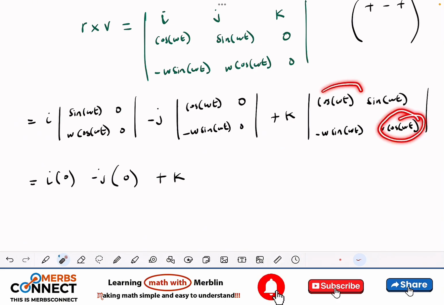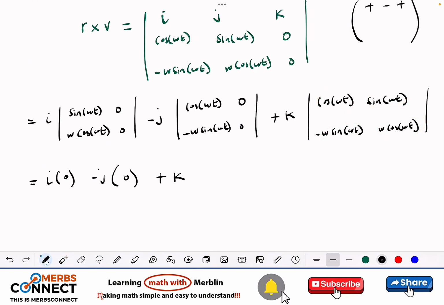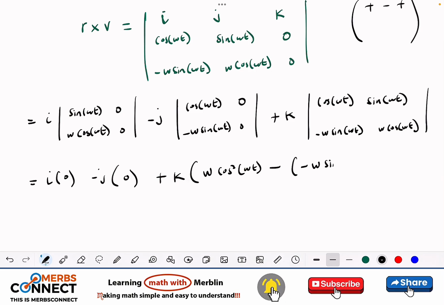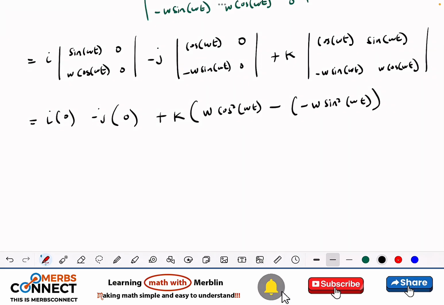So I'll multiply this to this and this to that. When I multiply cos to cos, I'm going to have omega cos squared omega t, minus, right, minus this times this. So this is basically another minus because we have minus there, sine squared omega. So this goes to 0, this also goes to 0.